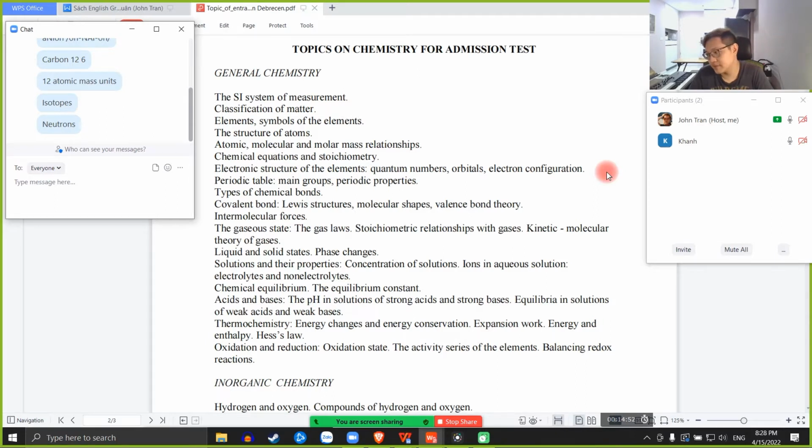Can you give an example of orbitals? Examples would be S orbitals or P orbitals. We have D and F as well, but that would be too much.